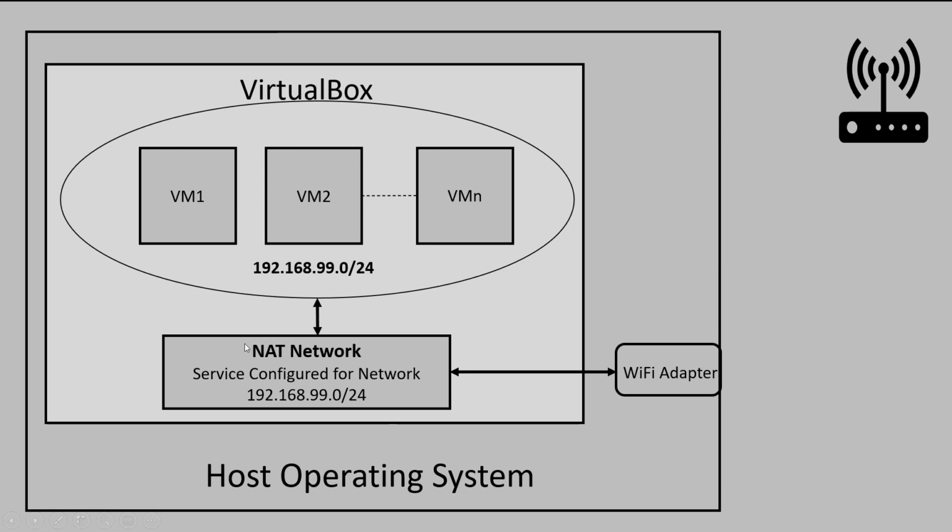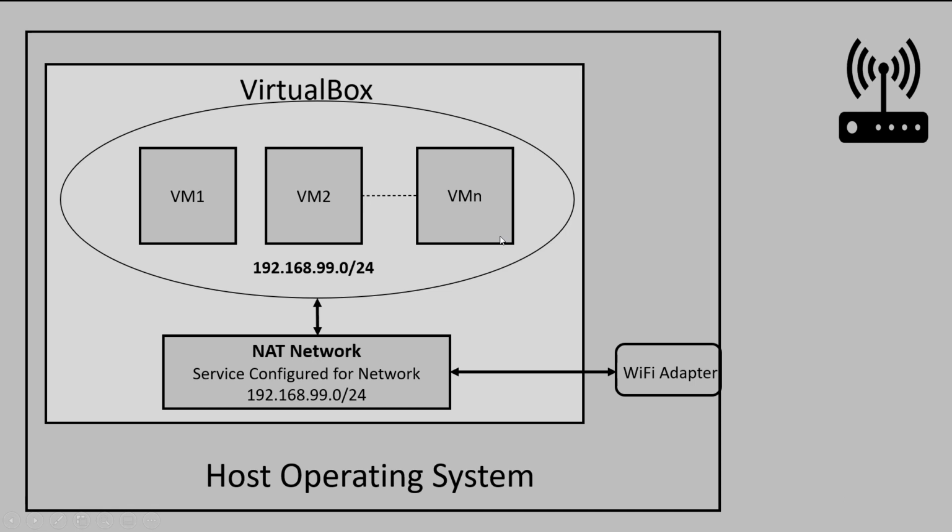Now what do we need to configure for this to happen? First of all, we'll configure a NAT network on VirtualBox to serve this subnet. Then we need to change the network settings on each VM to use the NAT network we created in the first step. Then we'll power on all the VMs.